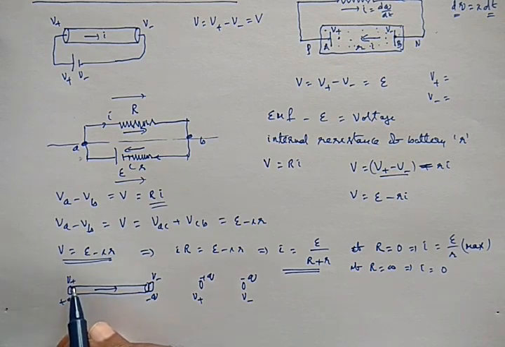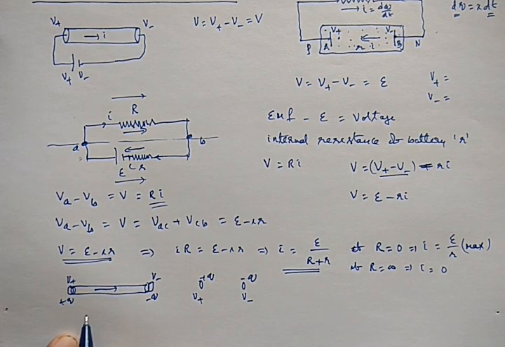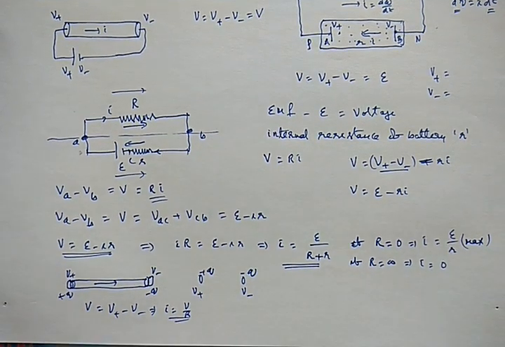The potential here decreases and the potential there increases, so the potential difference, V plus minus V minus, goes down. At some point you will see zero potential, and then you see no current, because I equals V by R. If there is no potential difference, there is no current in the circuit.